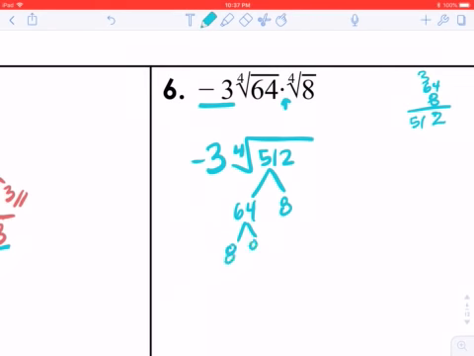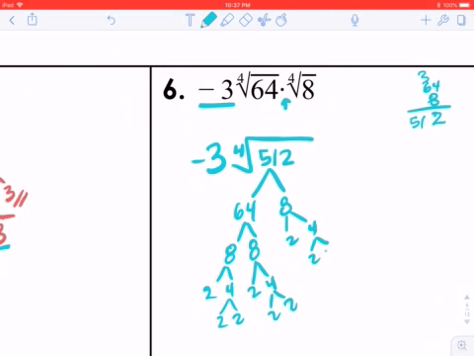I would make this 8 and 8. 2 and 4, 2 and 2. 2 and 4, 2 and 2. And then 2 and 4, 2 and 2. So if I'm looking for the index here, I've got all my 2's, and I'm looking for groups of 4.